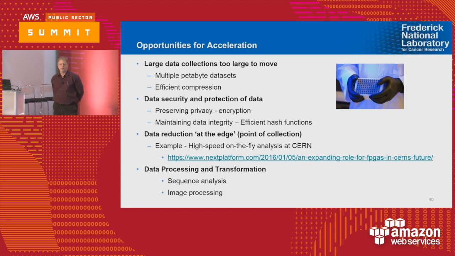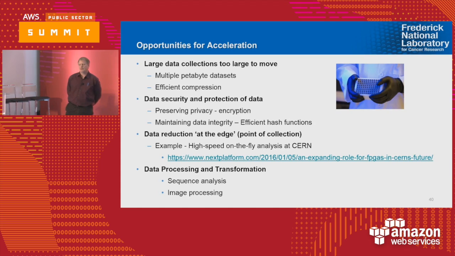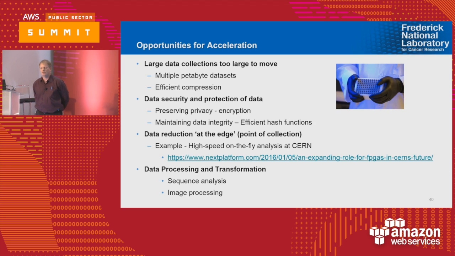Data security is important. Preserving the privacy of the information, but also the integrity of the information, is key to making the progress that we want to see in cancer research. Increasingly, data reduction at the edge. You saw the spike in the amount of data that's generated. We're not going to be able to store everything, so at some point we have to reduce down to the essential information that we would want to retain out of those instruments.